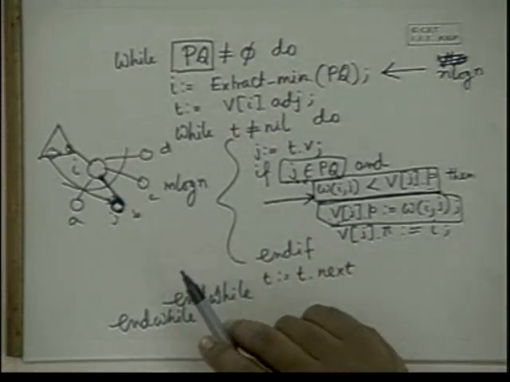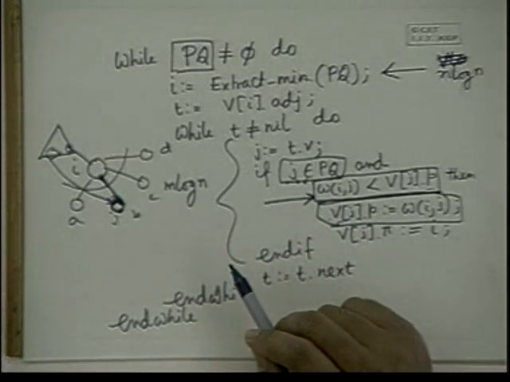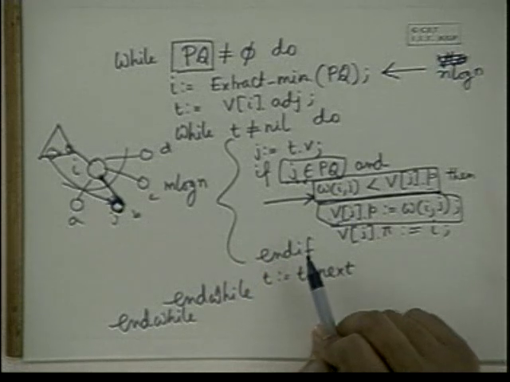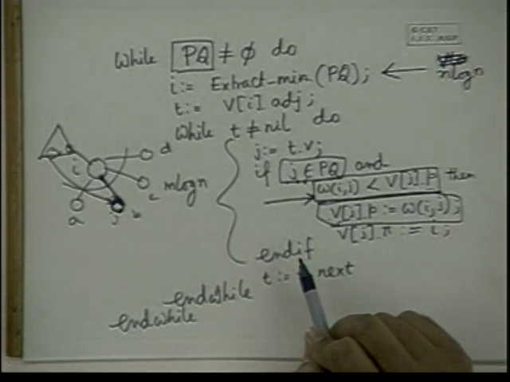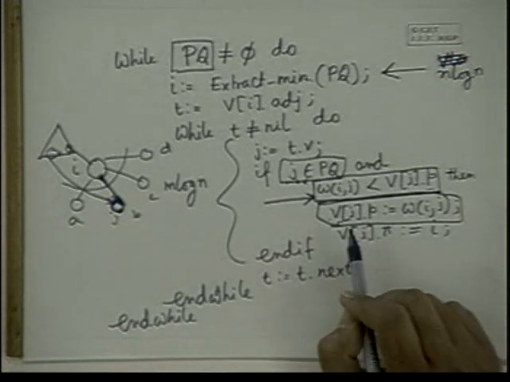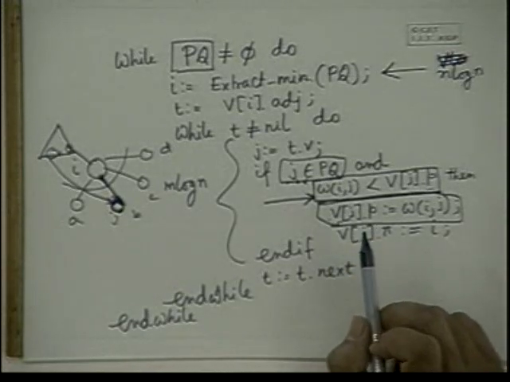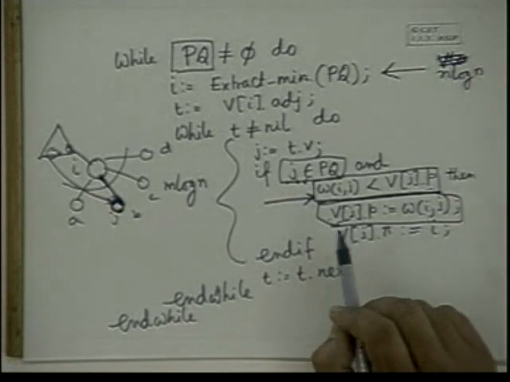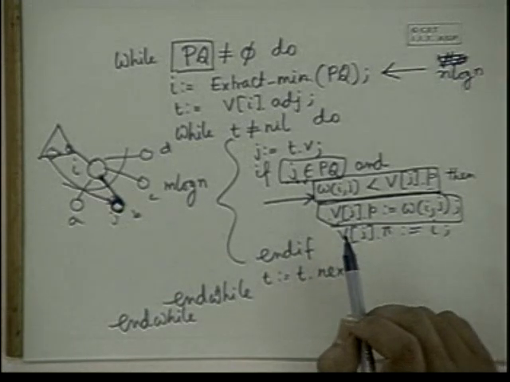Now what about this step? This step is nothing but decrease key in a Fibonacci heap. How many decrease key operations are we doing? M decrease key operations. And what was the amortized time for decrease key in a Fibonacci heap? Order 1. So m decrease key will take order m.